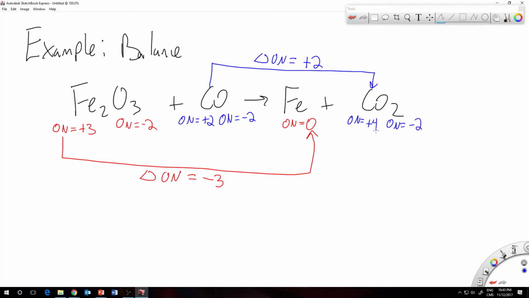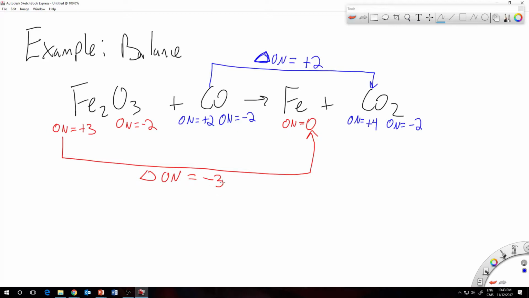So that's step 1. We determined the change. Now we've got to balance the change because whatever is being given up has to be absorbed somewhere. So if the carbon is giving up +2, it has to be absorbed by the iron.